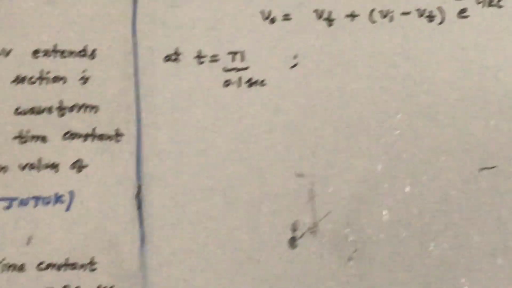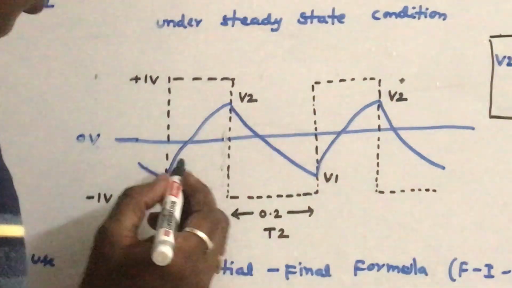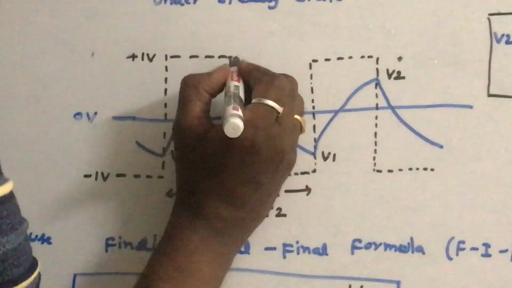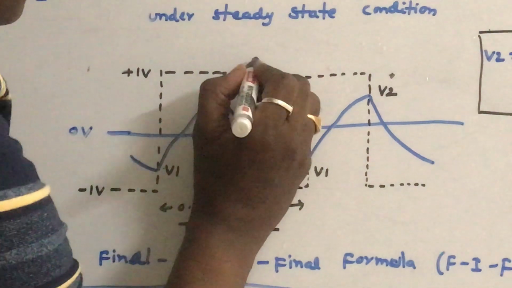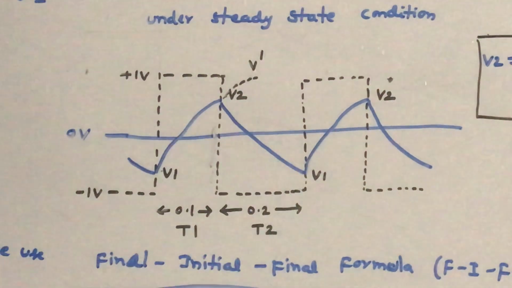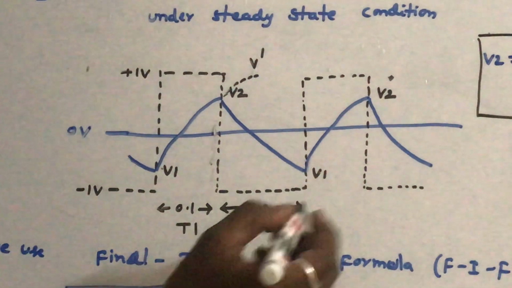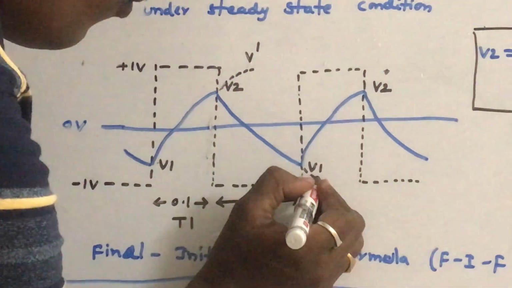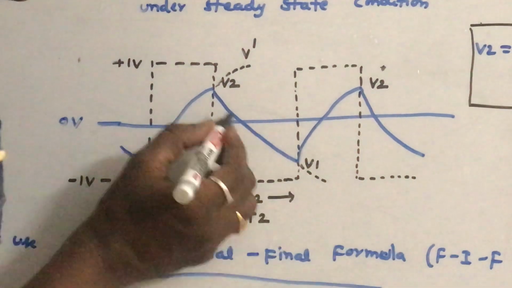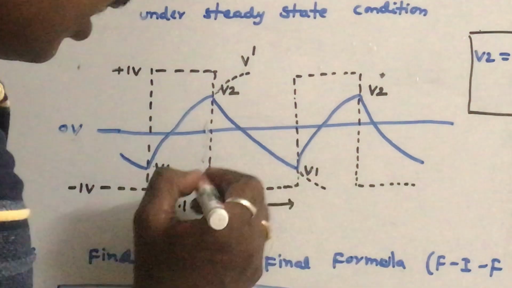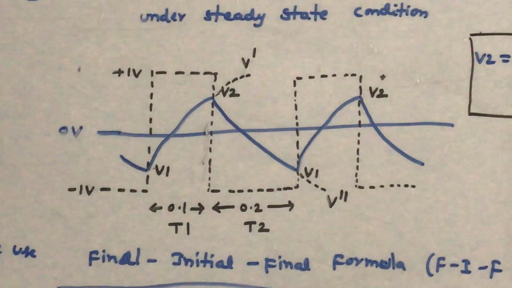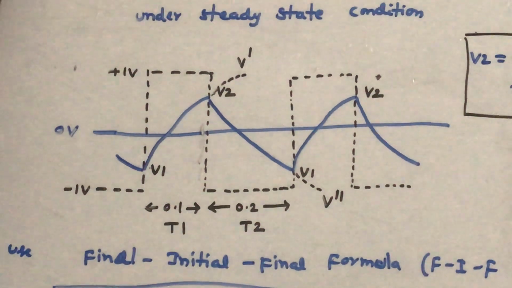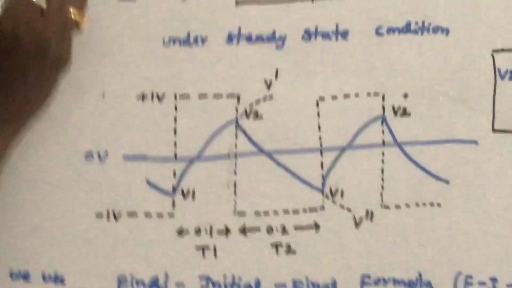You can see that this waveform settles down to V1 and V2, but the final value it has to reach, let us call this V dash, and finally it has to reach V double dash.